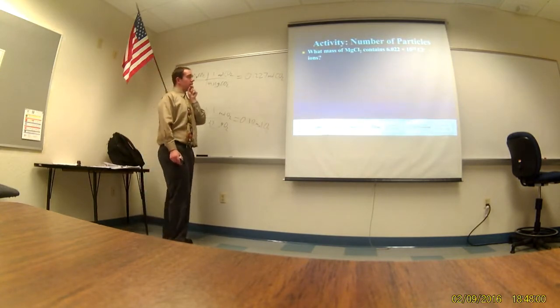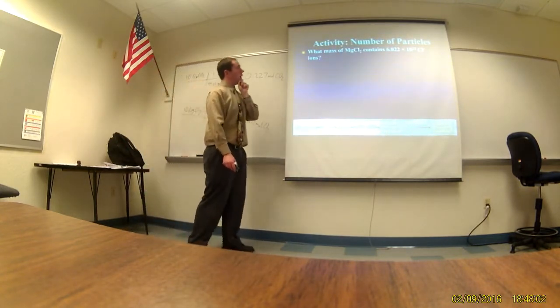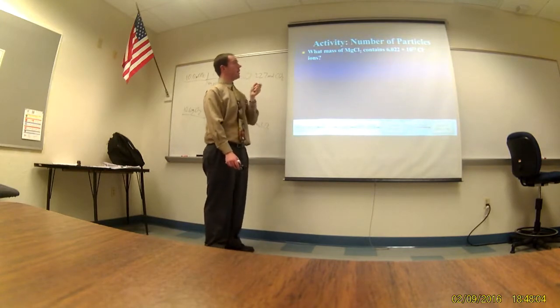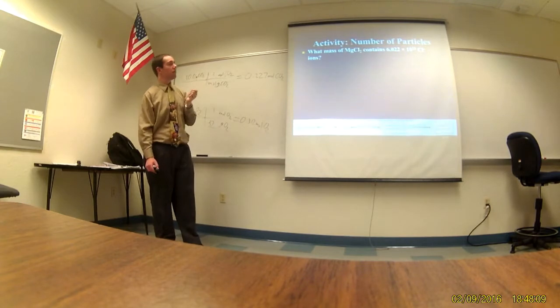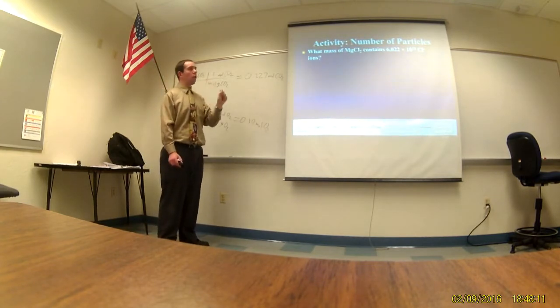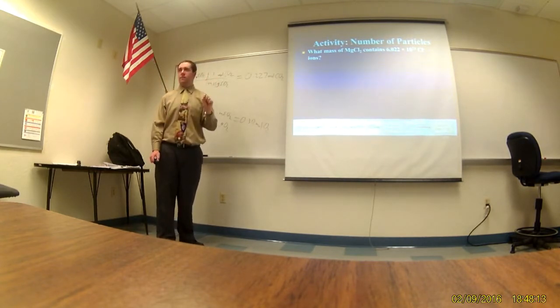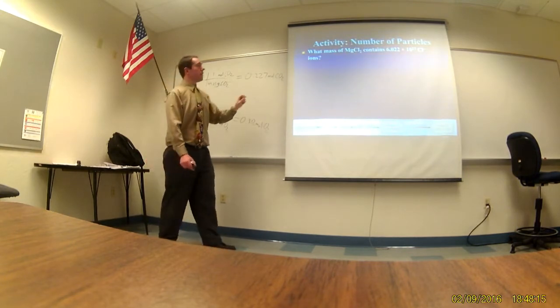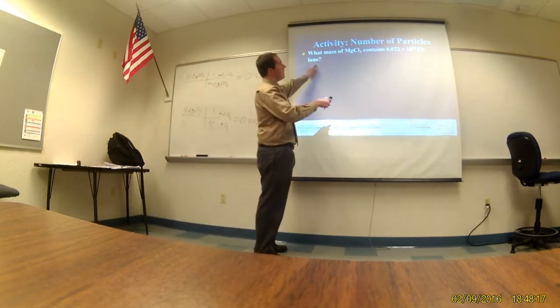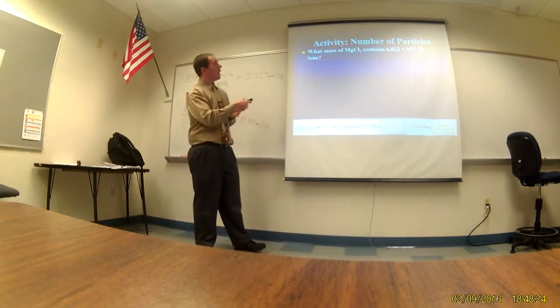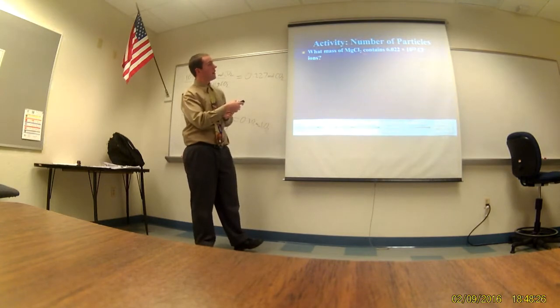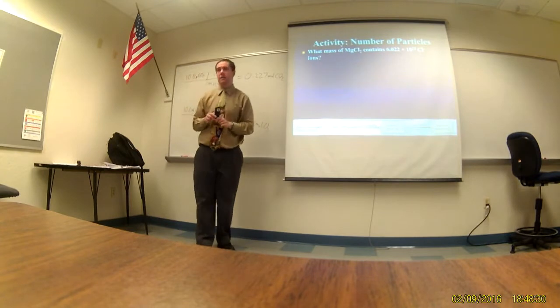So, the question is, how much mass of magnesium chloride do we need in order to have 6.022 times 10 to the 23rd chloride ions? Make sure you notice it's asking how many 6.022 times 10 to the 23rd, which is a mole. What mass of magnesium chloride contains 1 mole of chloride ions?